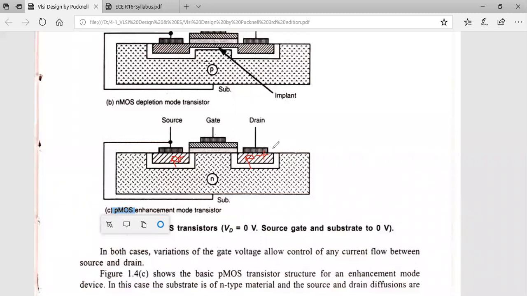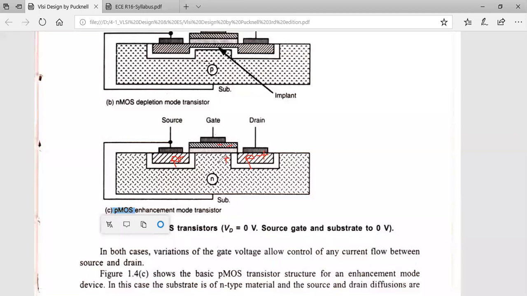So here this N plus will be formed, electrons will be formed here. The p-type holes which are present in this lightly doped n-type substrate will be attracted under the gate.